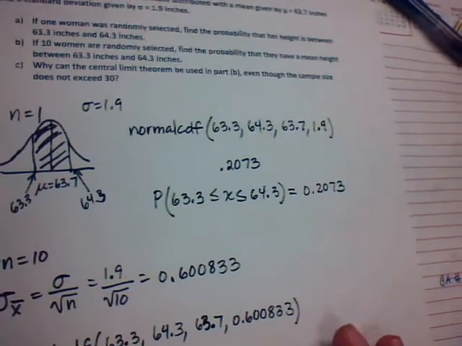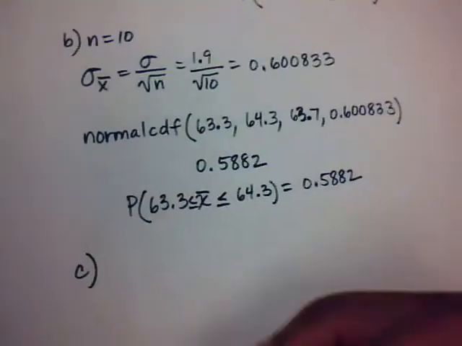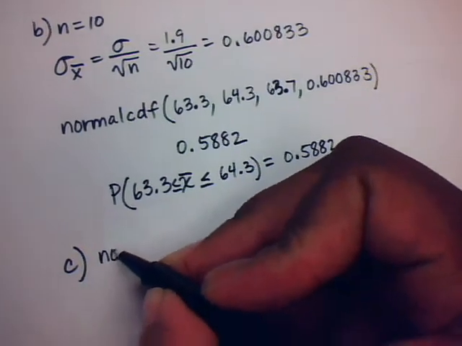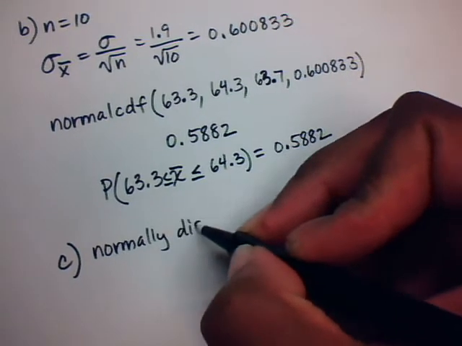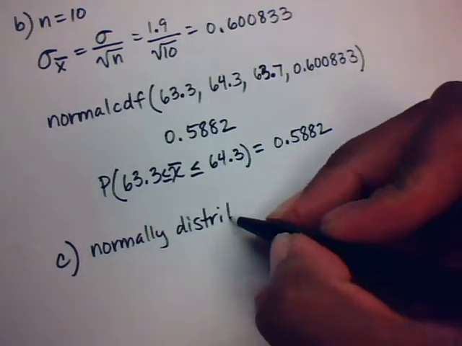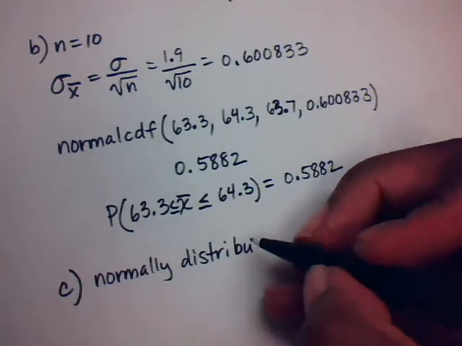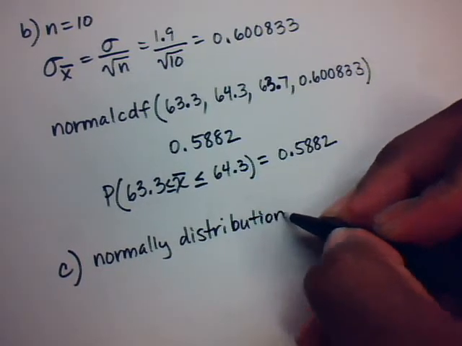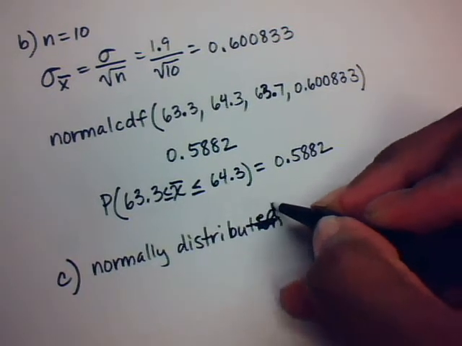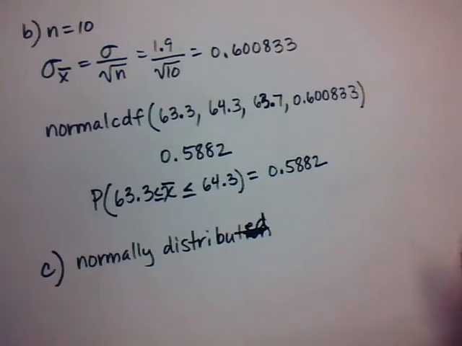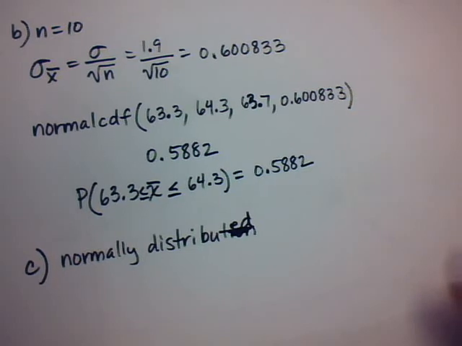Even though the sample size does not exceed 30, as long as we have a normal distribution, or if our heights are normally distributed, then that means we can use the central limit theorem.